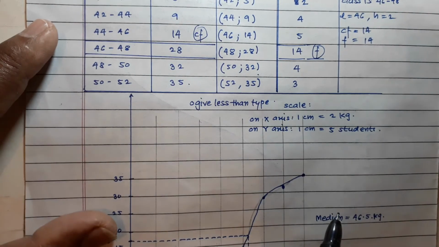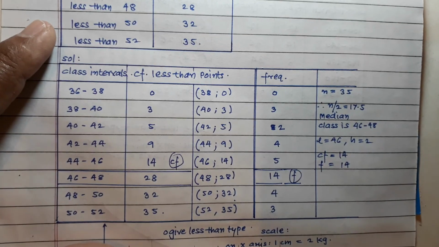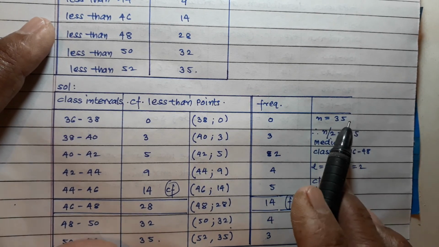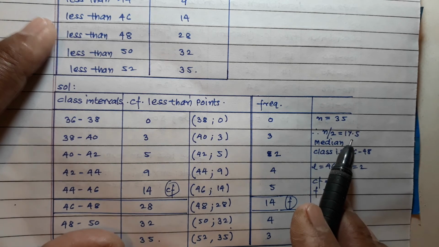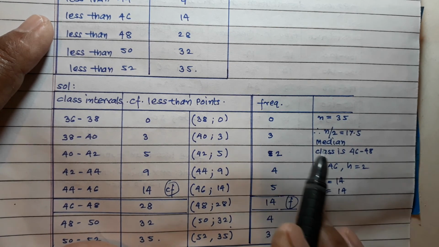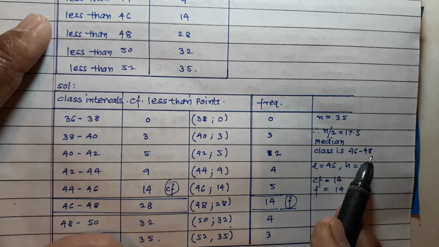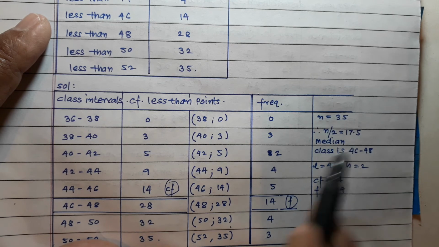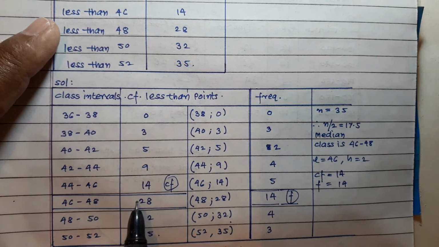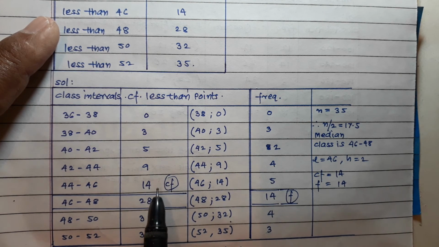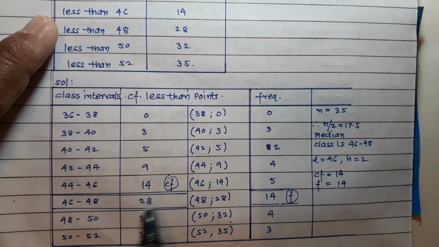Now I verify this using the formula. Here n is equal to 35, therefore n upon 2 is equal to 17.5. The median class is 46 to 48, because 17.5 lies between 14 and 28, and therefore this is your median class.